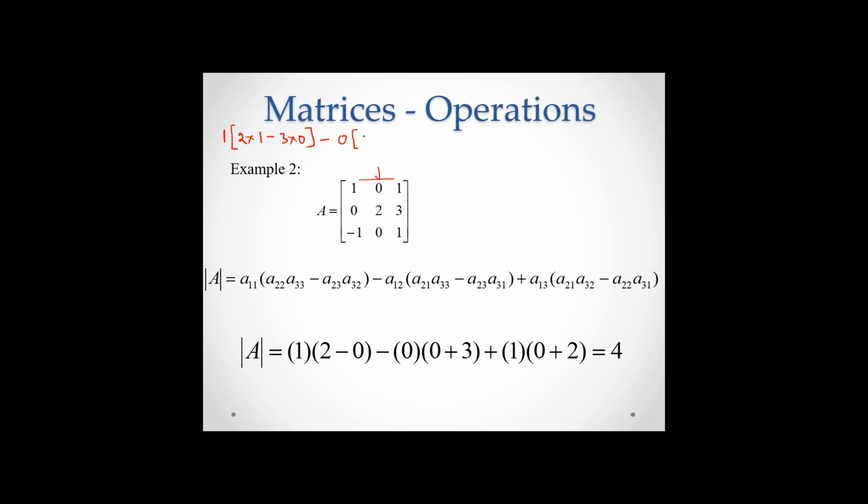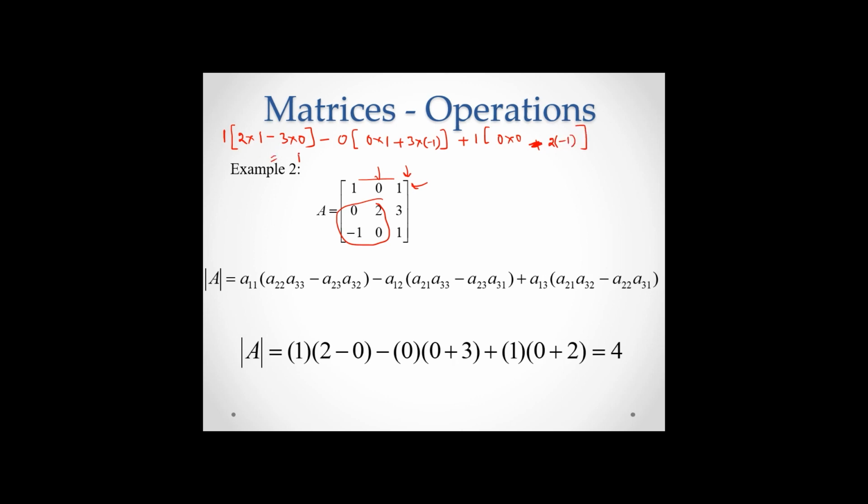So we have the cross multiplication, that is 0 into 1 plus 3 into minus 1, right? Then we have plus 1 multiplied. If I use this one, I'm deleting the first row and the third column, and I'm left with just this square. So this is 0 into 0 plus 2, minus times 2 into minus 1, right?